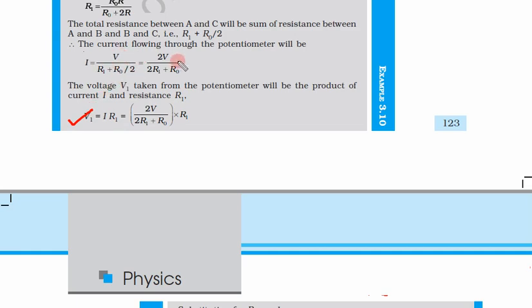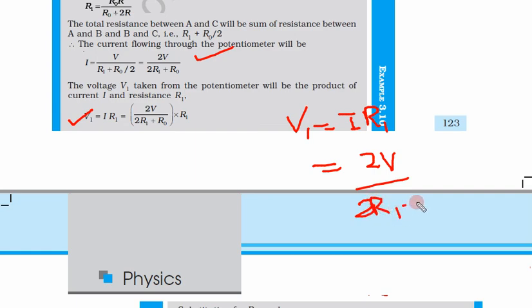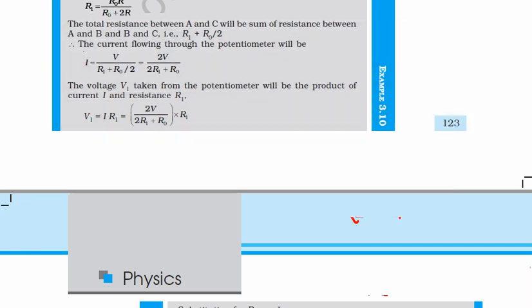So this was the potential or the current flowing. Now, let us say first potential that would be V is equal to I R1. So the current calculated was 2V upon 2R1 plus R0, now into resistance R1 for the first case when it is connected to the half.